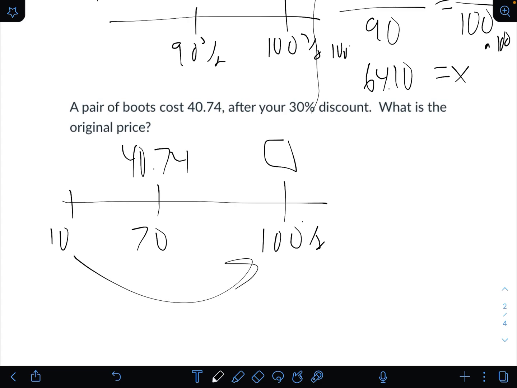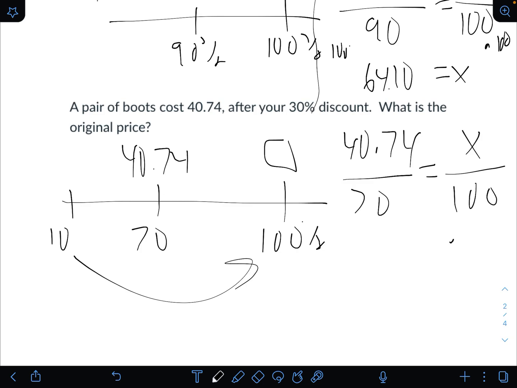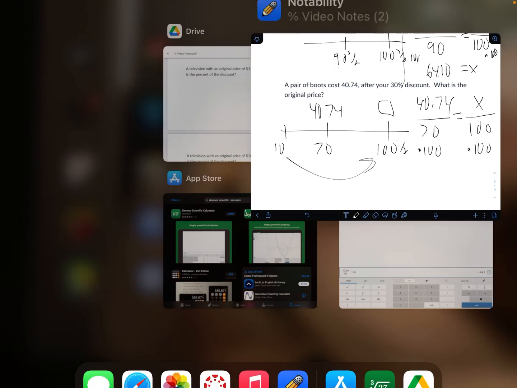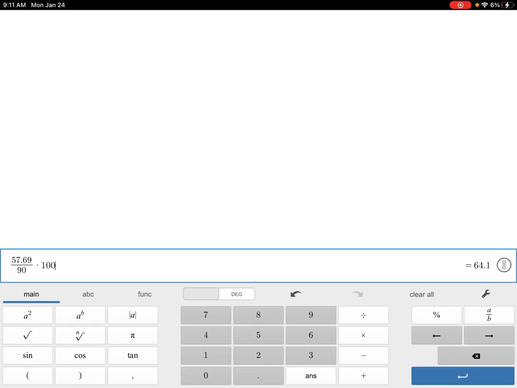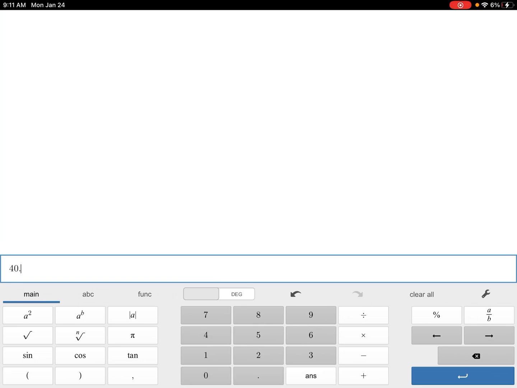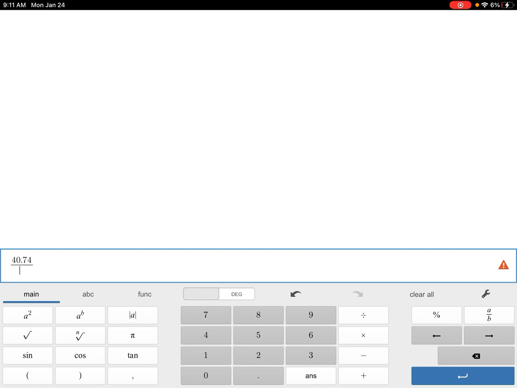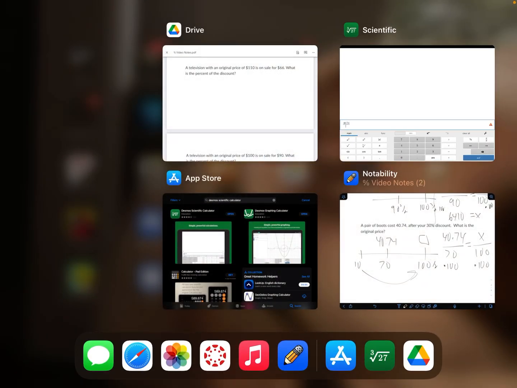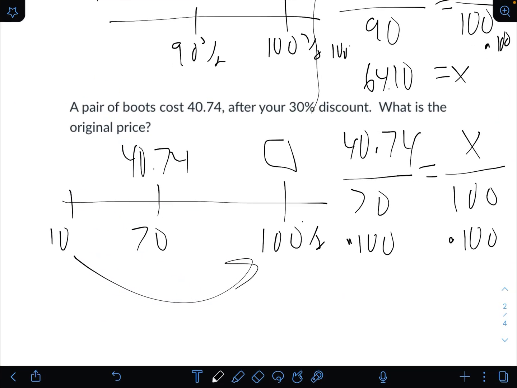Or you can say, well, 40.74 over 70 is something over 100, times by 100 on both sides. That would give us 40.74 divided by 70.